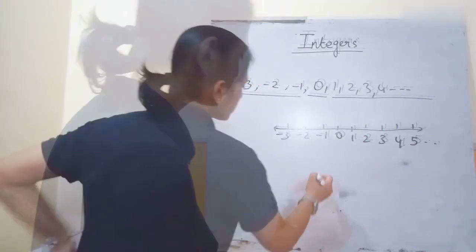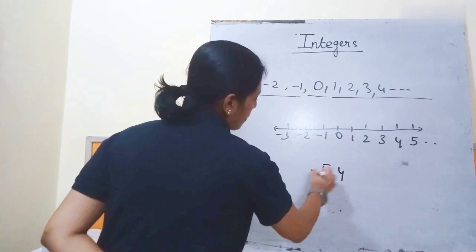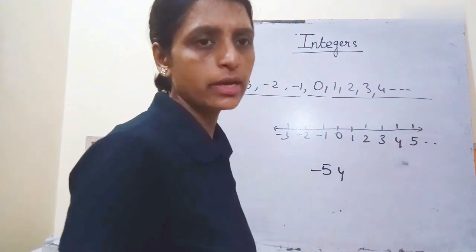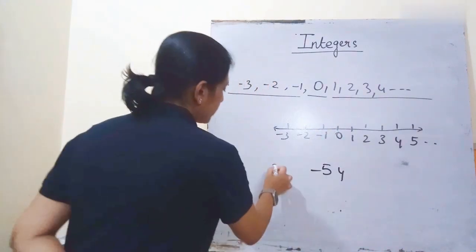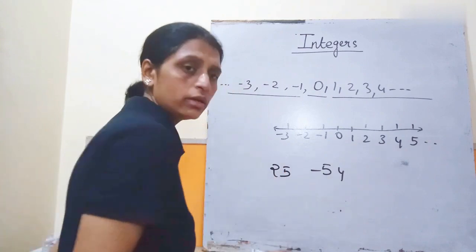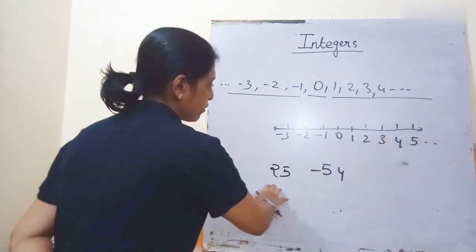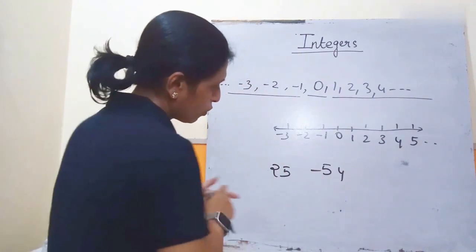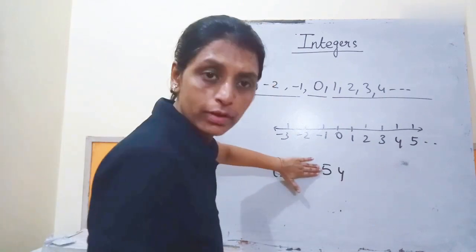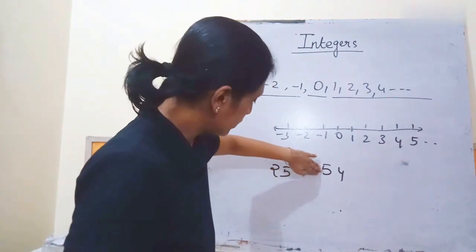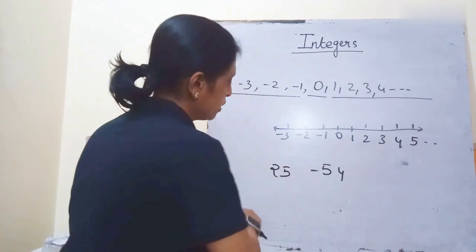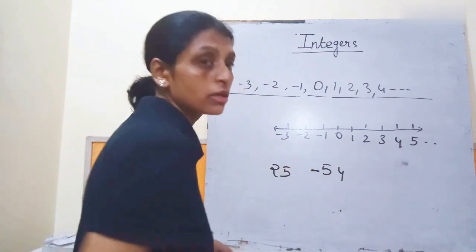Okay children? जितना भी बड़ा नंबर हो जाए उसमें अगर माइनस का साइन लग जाता है तो it becomes smaller. Like here, I'm taking one example like 25 and -54. Okay? वैसे 54 is bigger than 25, but when we put a negative sign, it becomes smaller.